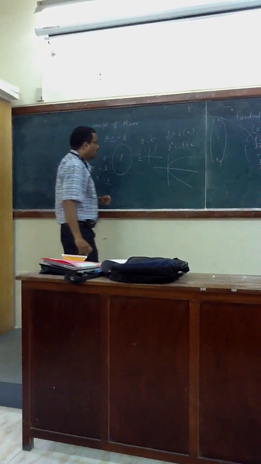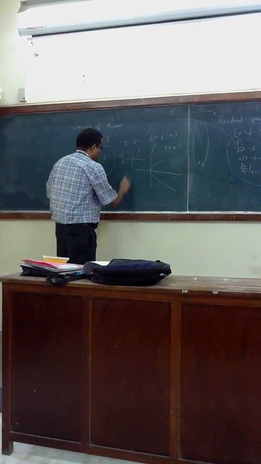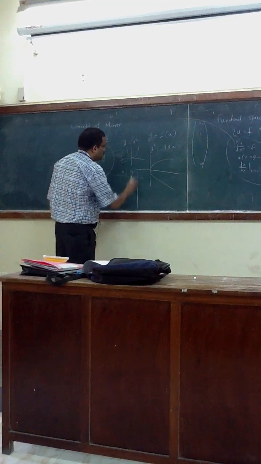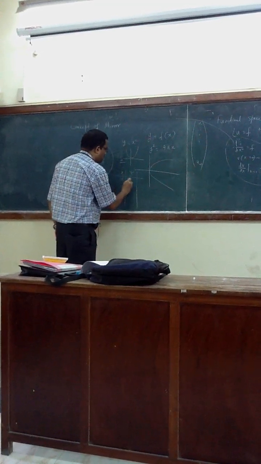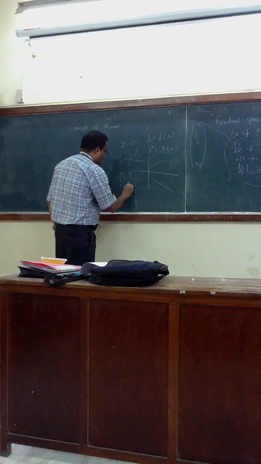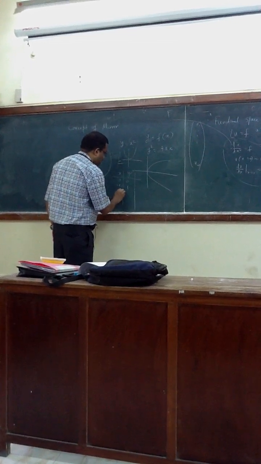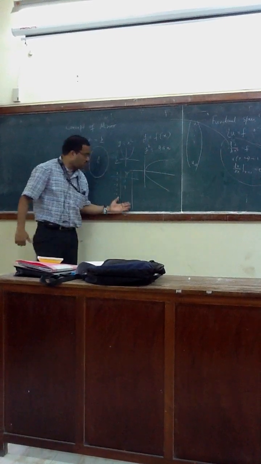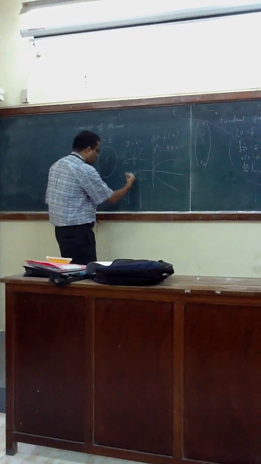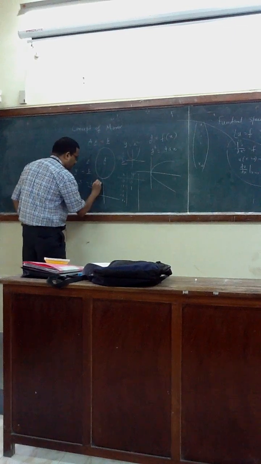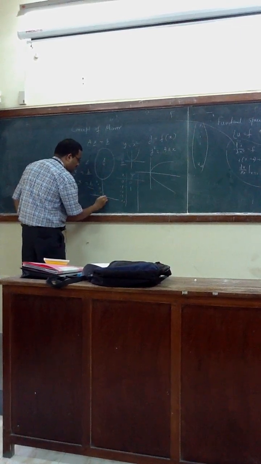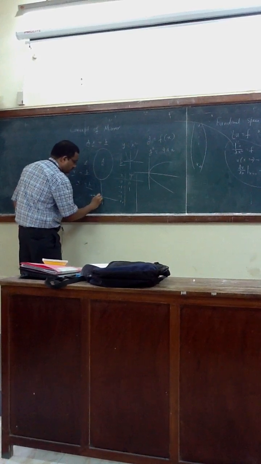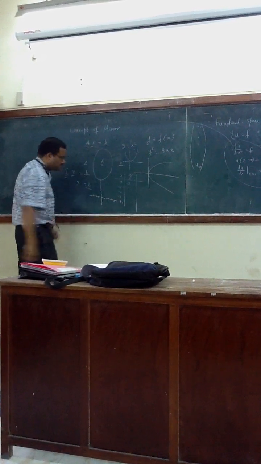Okay. What actually happens? If you give the values of x, you get the value of y. You put x equal to 0, you get y equal to 0. X equals minus 1, y equals 1. Minus 2, minus 3, similarly you can get plus 1. So these are my points.